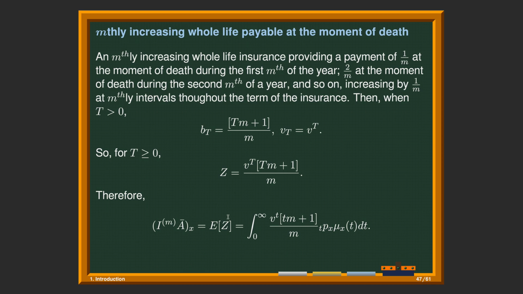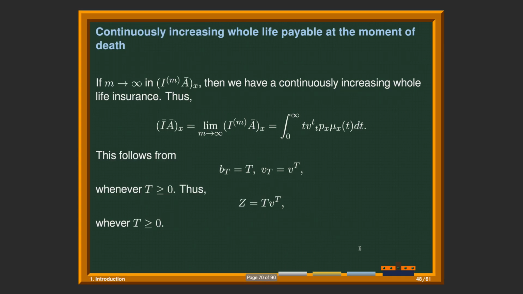And then the net single premium is this form now. So it's the integral of v to the t times the greatest integer value of tm plus 1 all over m times tpx mu sub x of t dt from 0 to infinity. And the upper m here will tell us that it's an mthly increasing insurance.